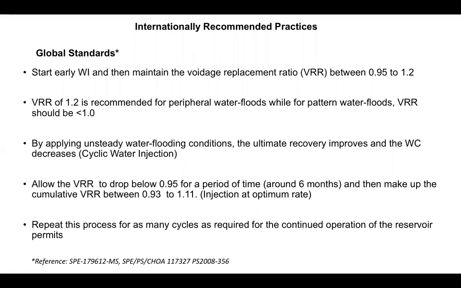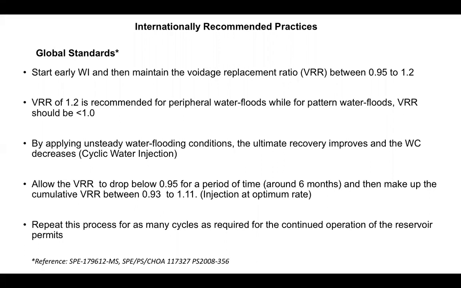Another very interesting point that I have implemented in the field that I'm working with, and found success, it actually helped me, was applying unsteady water flooding conditions. What we do here is we inject for 6 months at some particular rate and then we stop or reduce the injection.